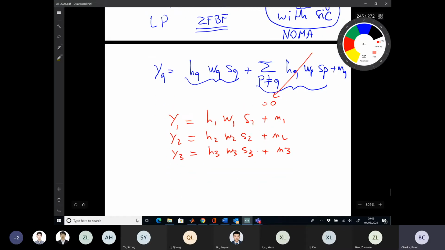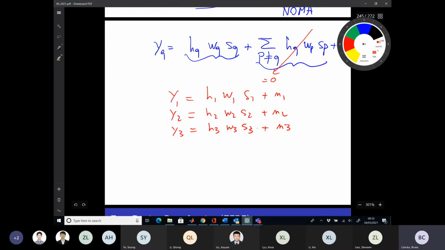Right. So how can we do that? How can we design this precoder? Well, I can take my different H. So H i every time vectors here, right? In this 3 user case, let's imagine that I take H1, H2, and H3.